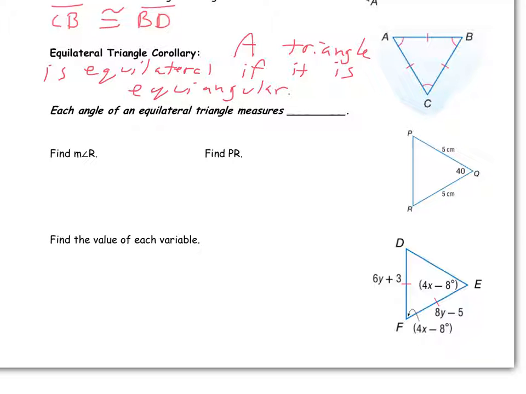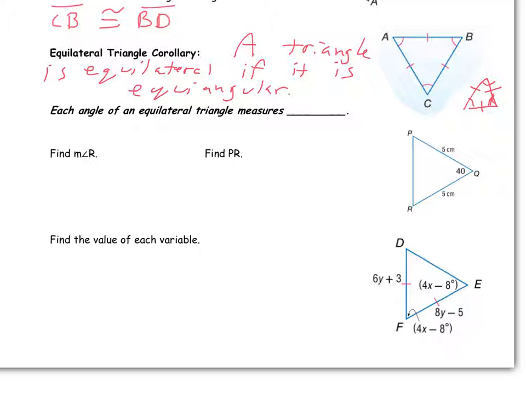That means that all of these angles are congruent. So if we have a triangle and all the angles are congruent, that means it's equiangular, therefore it's also equilateral. All the sides are congruent.